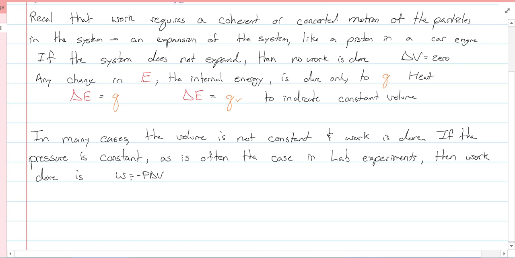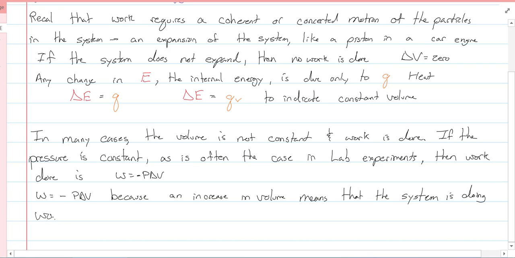However, it's a negative, right? W equals negative P dV because an increase in volume means that the system is doing work on the surroundings, and the internal energy of the system decreases.